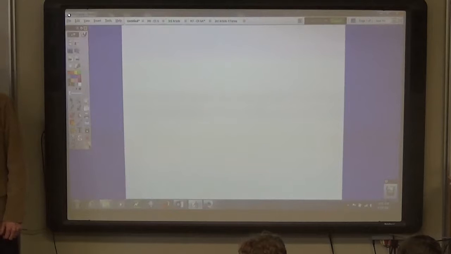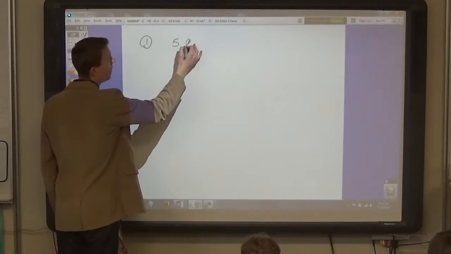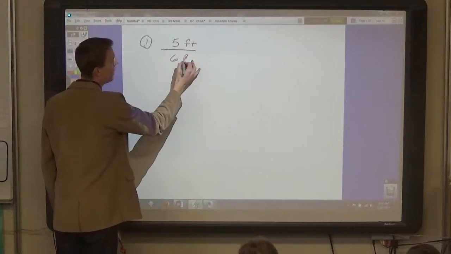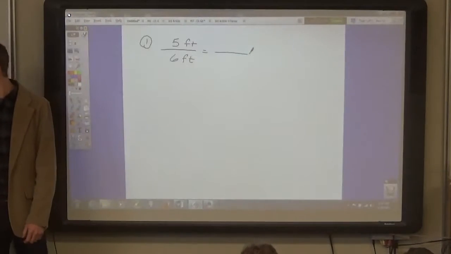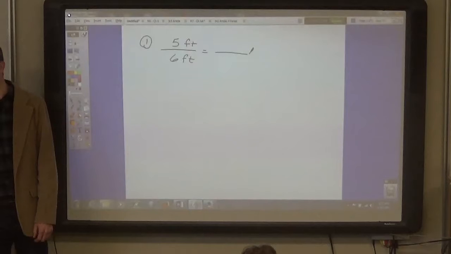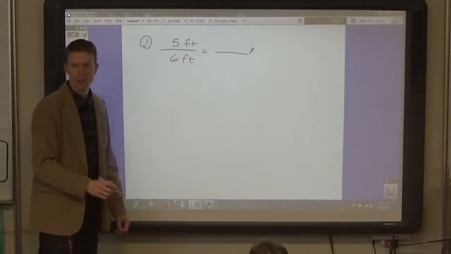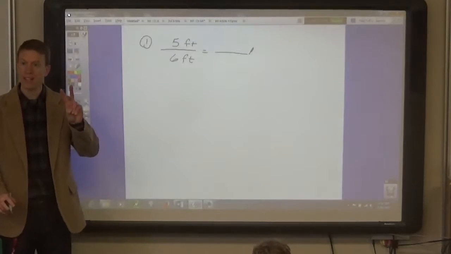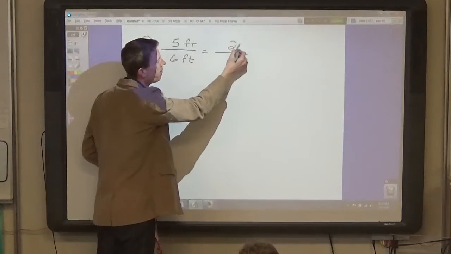The top side is 5 feet, and that's proportional to 6 feet. So number 1, 5 feet goes to 6 feet in the same way that, where would we put x? x is on the bottom. x goes to 2 feet, doesn't it? 2 feet is on the same figure as the 5 feet.